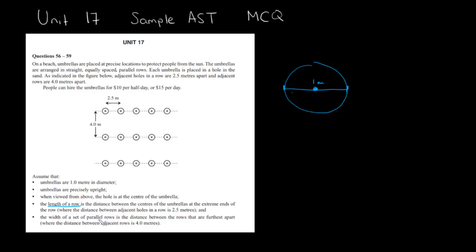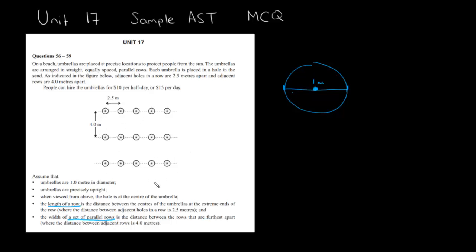And the width of a set of parallel rows is the distance between the rows that are furthest apart. So what is the width of this set of parallel rows? A set of parallel rows is not just 2 rows.